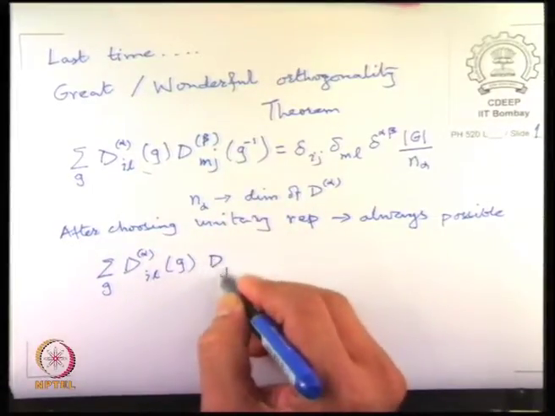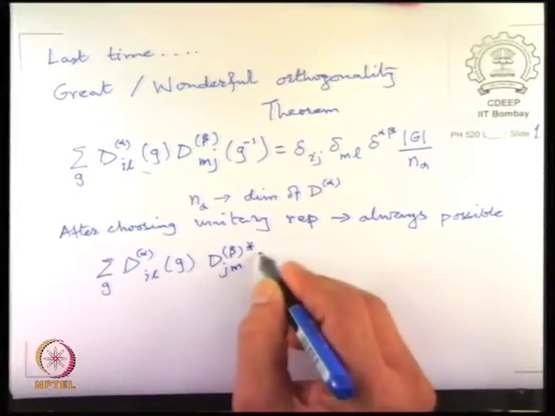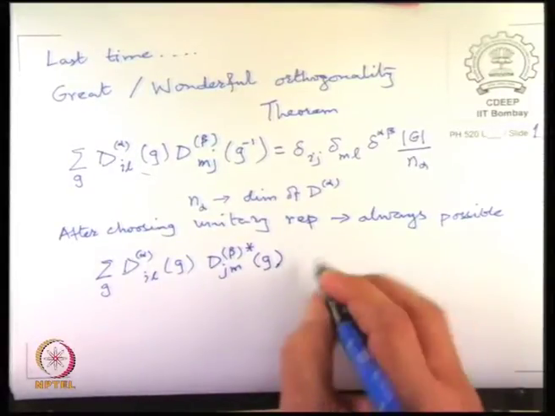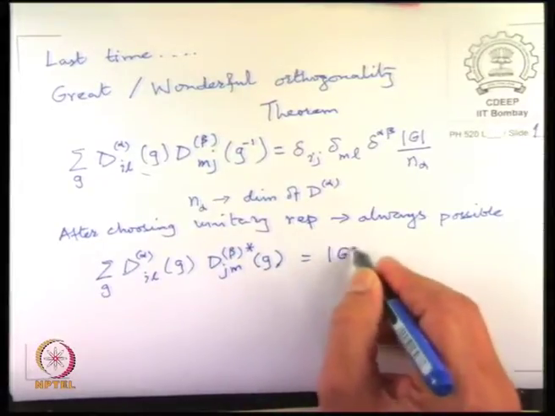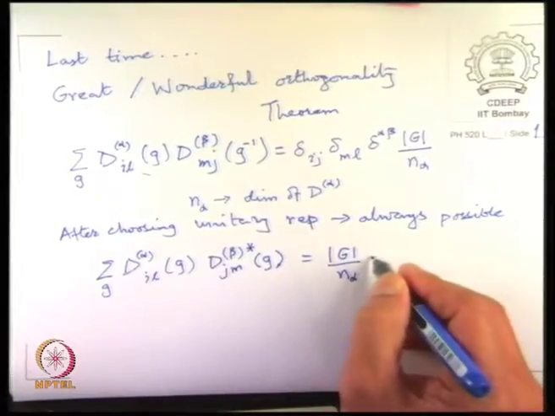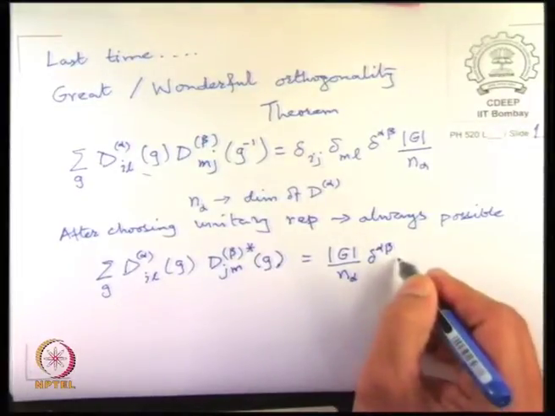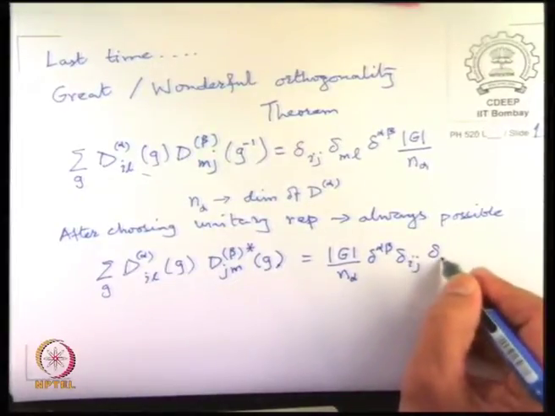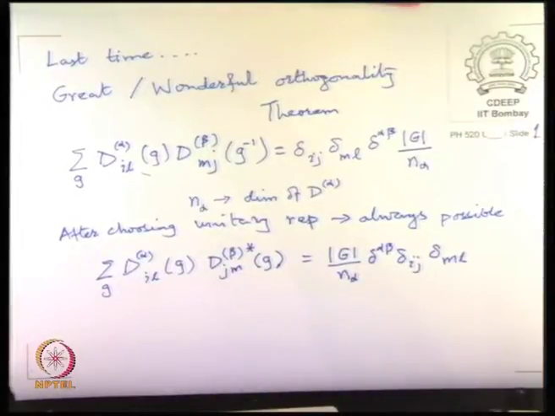So D^beta star_{jm}(G). So that is equal to these things. We bring forward the order of G, the size of the representation, and delta alpha beta, of course, that's why we can put either alpha or beta there, and then delta Ij delta ML. Still it is tied across, but this is what it is.